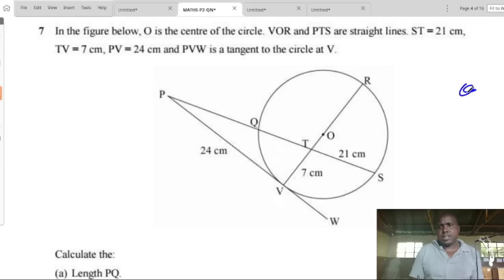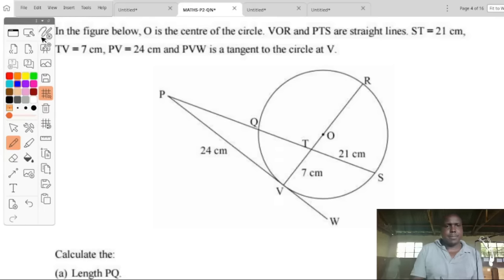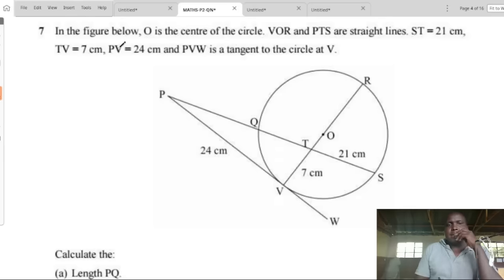In the figure below, O is the center of the circle, ST is 21, as per the information provided.